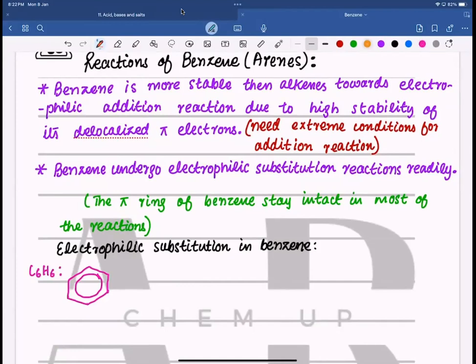This circle inside is representing delocalized pi electrons, which are in total 6 electrons. Now, what do they cause? See, there are 6 electrons in the center which are continuously moving.